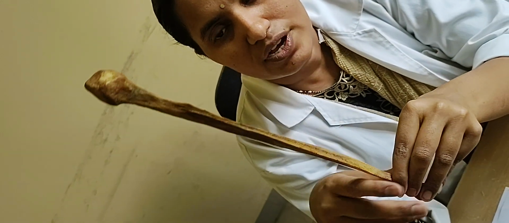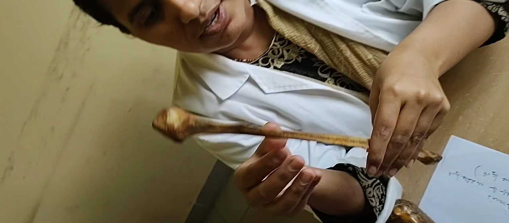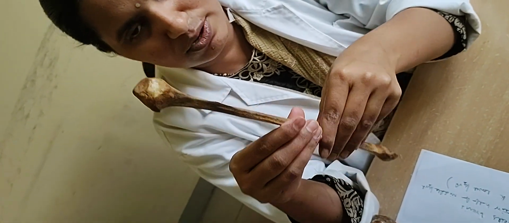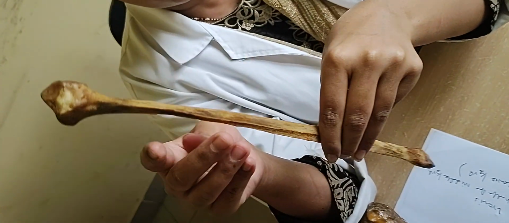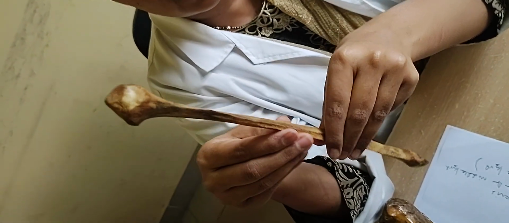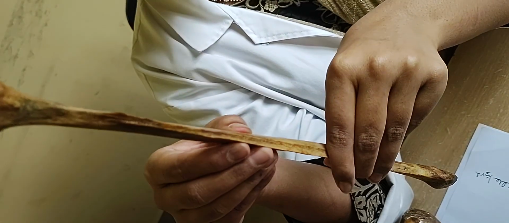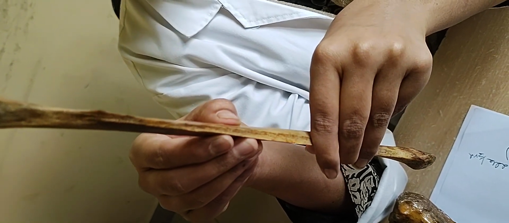Next, coming to the ossification of the fibula. The fibula is ossified from three ossification centers: one for the upper end, one for the lower end, and one for the shaft. The center for the shaft appears at the 8th week of intrauterine life.